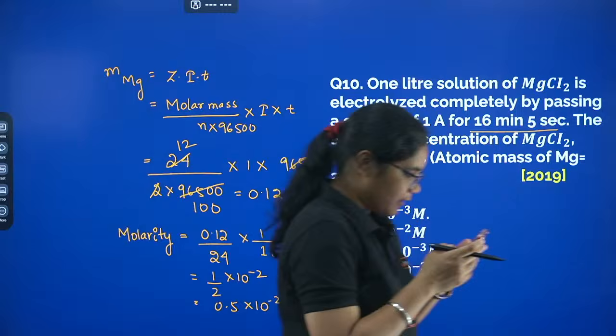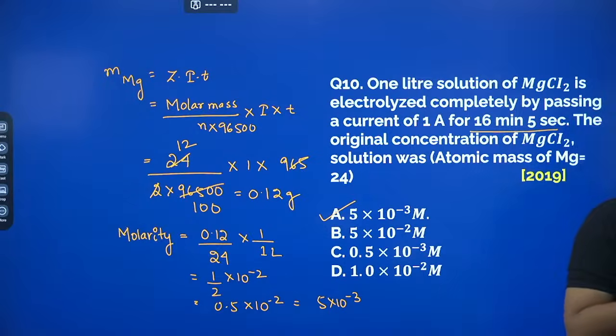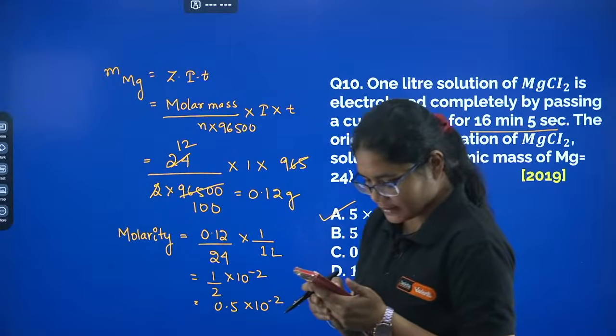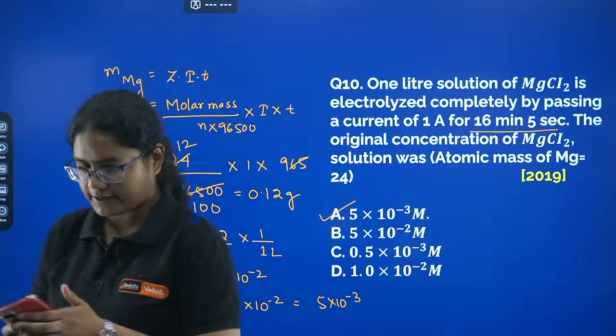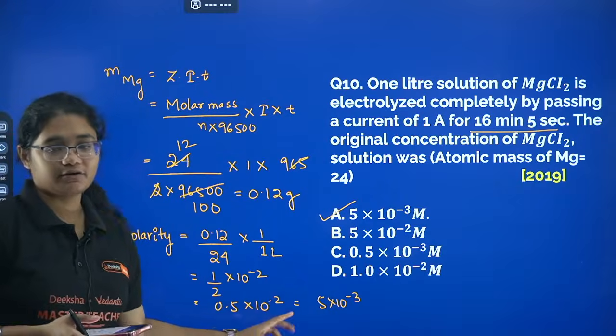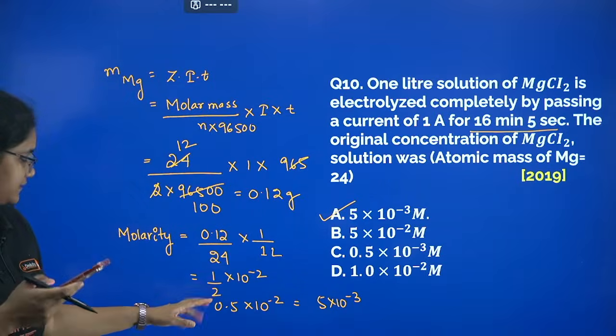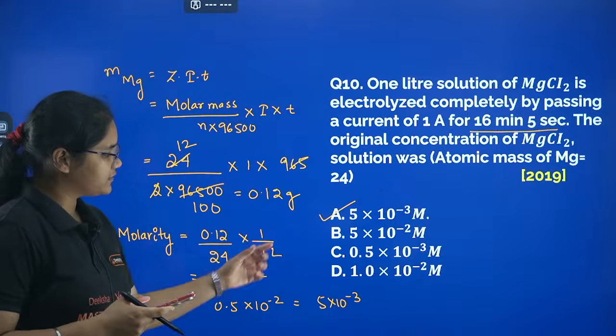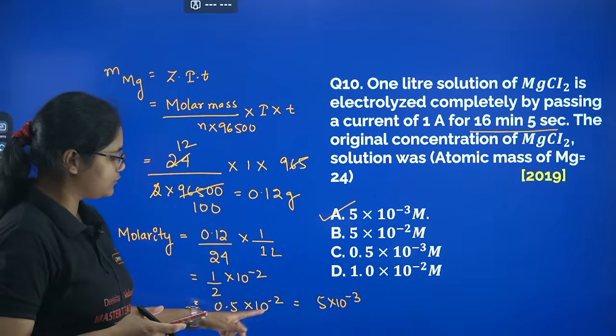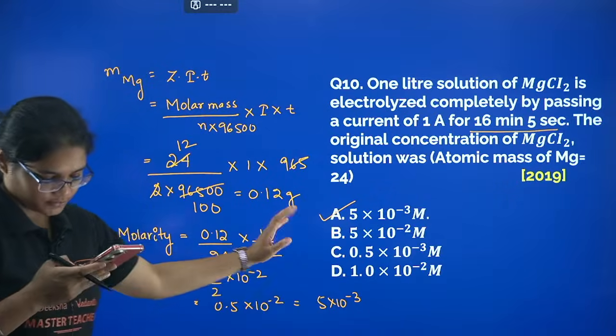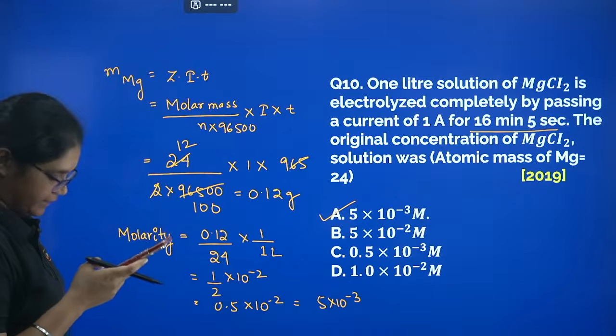Everyone getting how I am getting this option number A? Is it correct? 10th option number C. No dear, 0.5 into 10 to the power of minus 2 you will get. Madhavi, see, if you write it in scientific notation, it is 5 into 10 to the power of minus 3, which is option number A. Yes, Madhavi, A is correct.